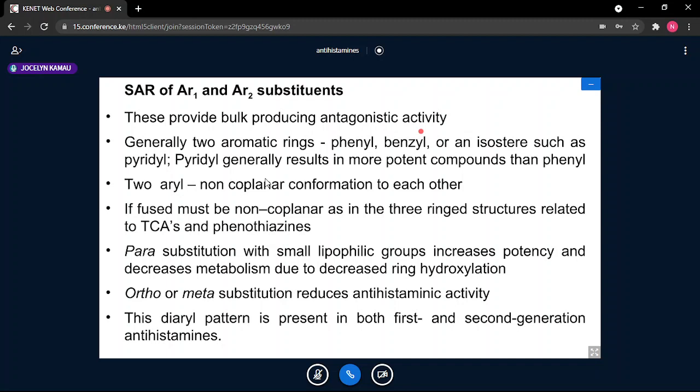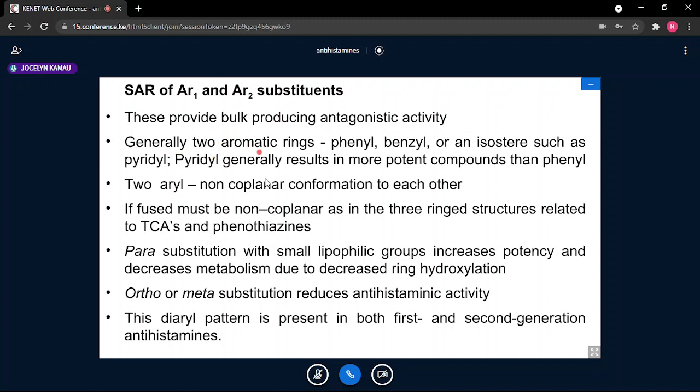So you still retain the aromaticity found in the imidazole ring, but you bring in bulky groups, and once you do, you introduce antagonistic activity. If you do not make them bulky, you will introduce agonist activity, and that's not what you want.